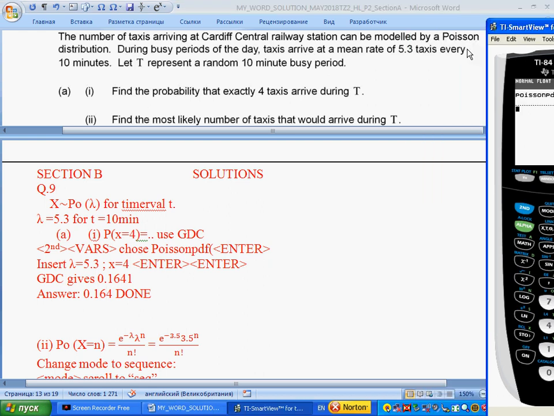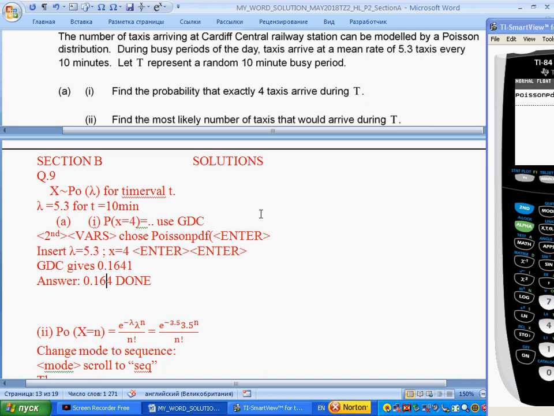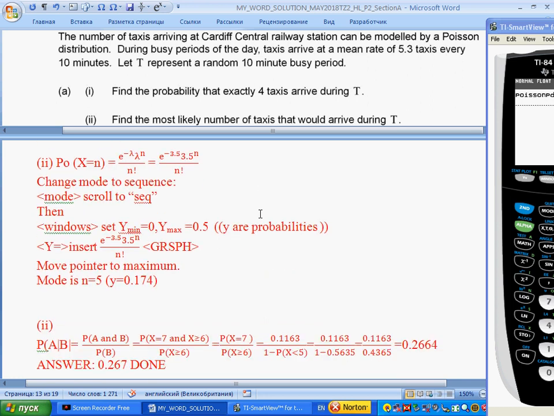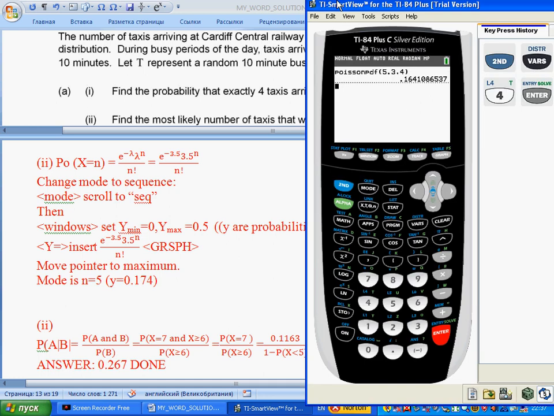Next, find the most likely number of taxis that would arrive during T. So here we need theory, so we should know how this function looks. It is a discrete function, and we should change the mode to sequence. So let's do it.